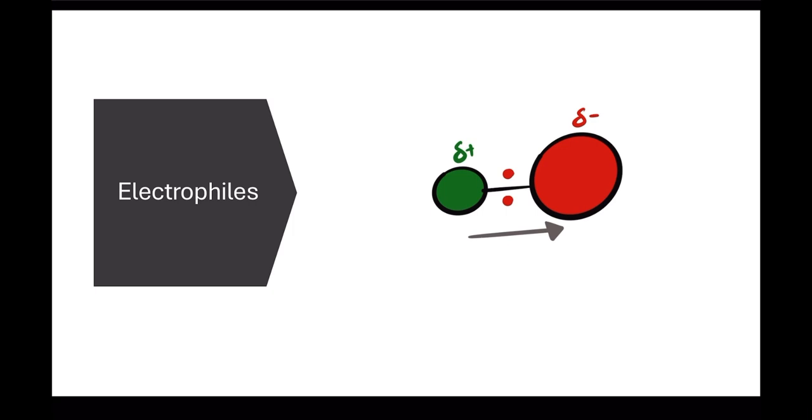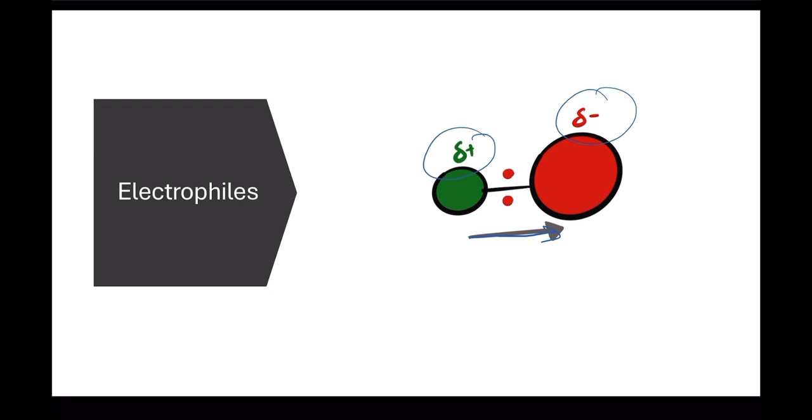So electrophiles are species that have a partially positive charge and a partially negative charge, which means one of the elements is more electronegative than the other. So it tends to pull the charge towards it, and that's what is denoted by this arrow. Whenever you have an electrophile, they can undergo addition reactions with your alkenes.